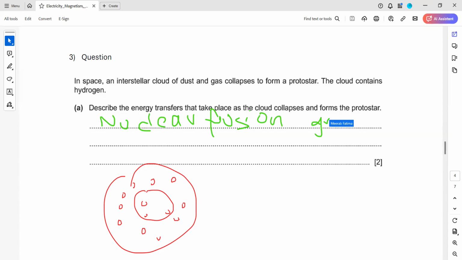Initially it will have gravitational potential energy. We need the energy transformation. First it will have gravitational potential energy, and the gravitational potential energy turns into kinetic energy. The kinetic energy turns into heat energy, and that heat energy increases the temperature of the protostar, which starts the hydrogen fusion.